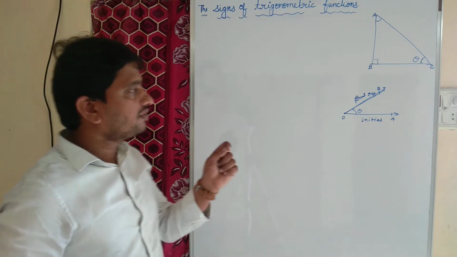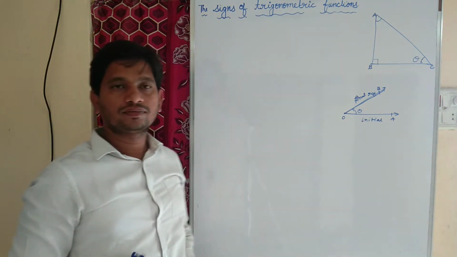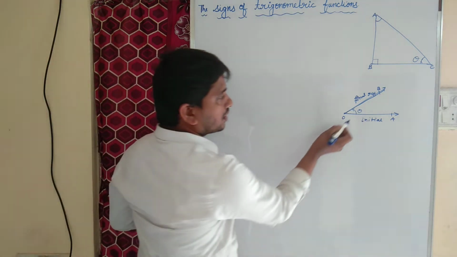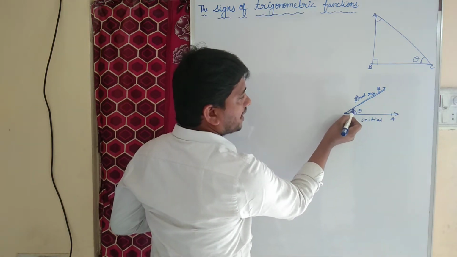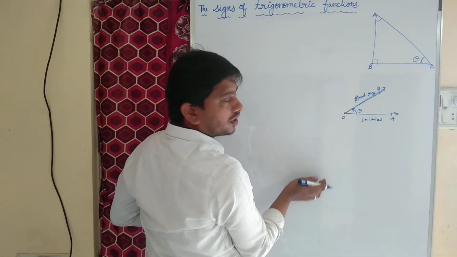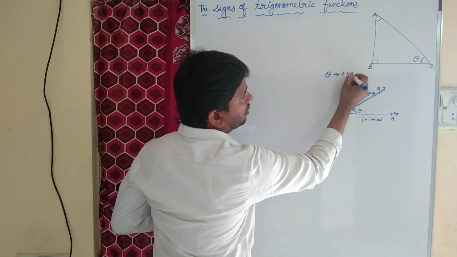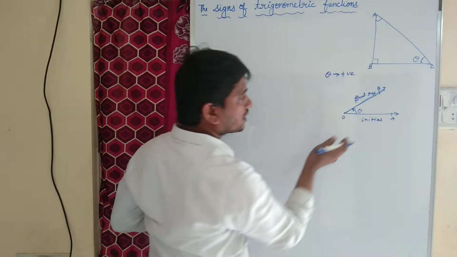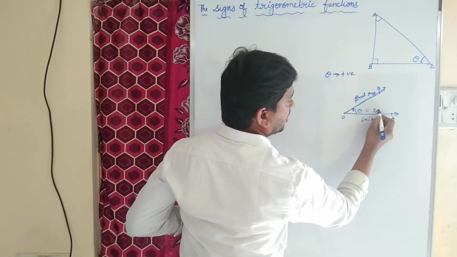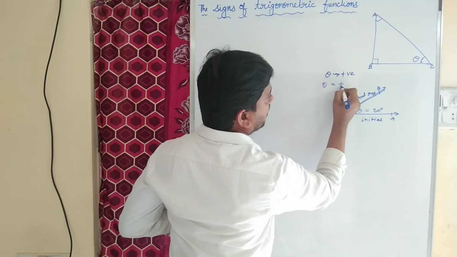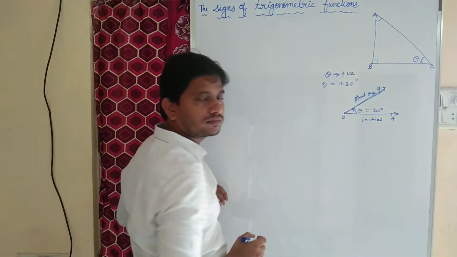So theta is the measure of an angle, right? See, here theta is in anti-clockwise direction. If it is in anti-clockwise direction, then theta is positive. Suppose here theta is equal to 30 degrees, then we say that theta value is plus 30 degrees.